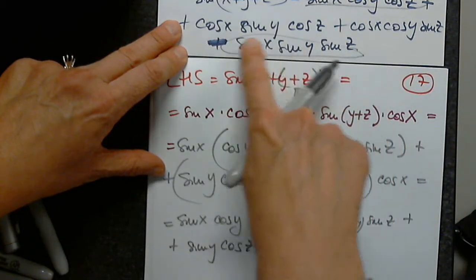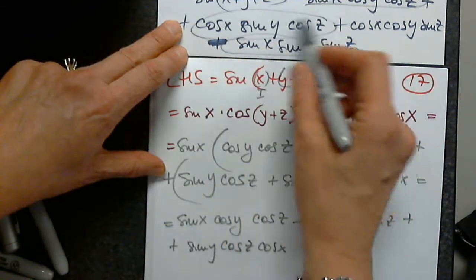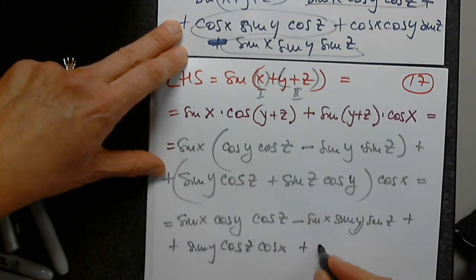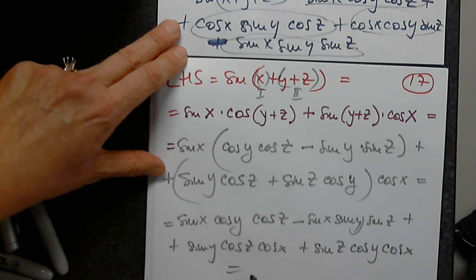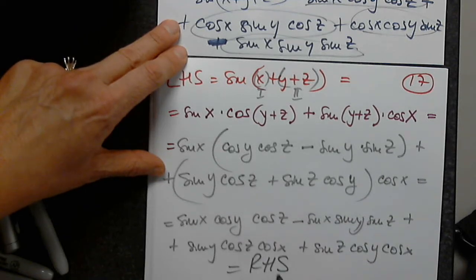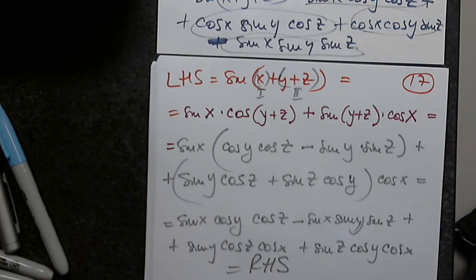Yes, right here. And the last one, plus sine z cosine y cosine x, and it's exactly the right-hand side. I was kidding before. Yes, you could try to pair them and factor by grouping, but I think it would be maybe longer than to simply do this.